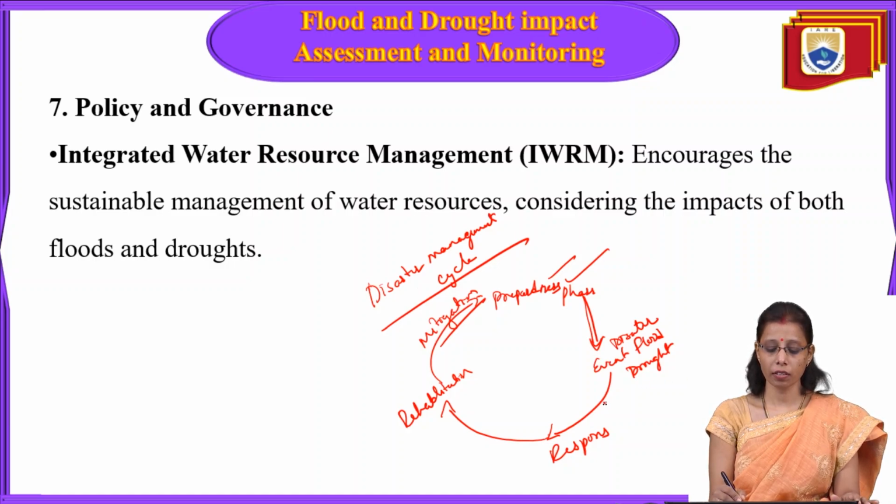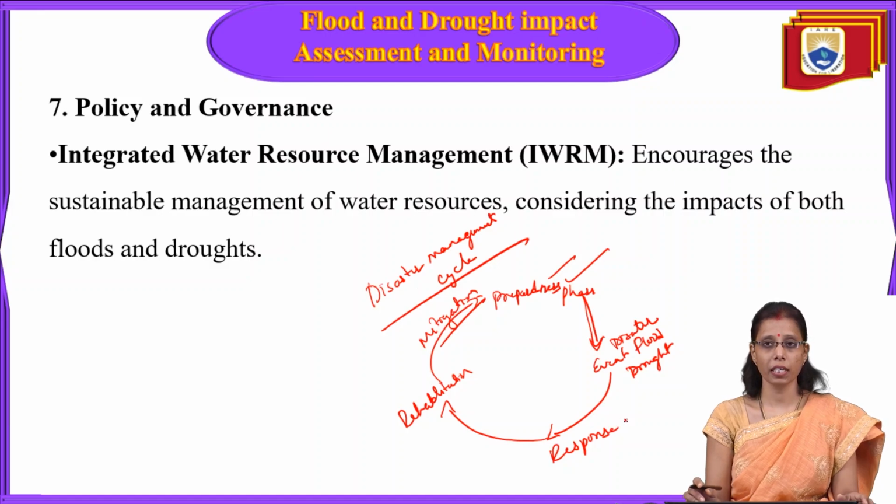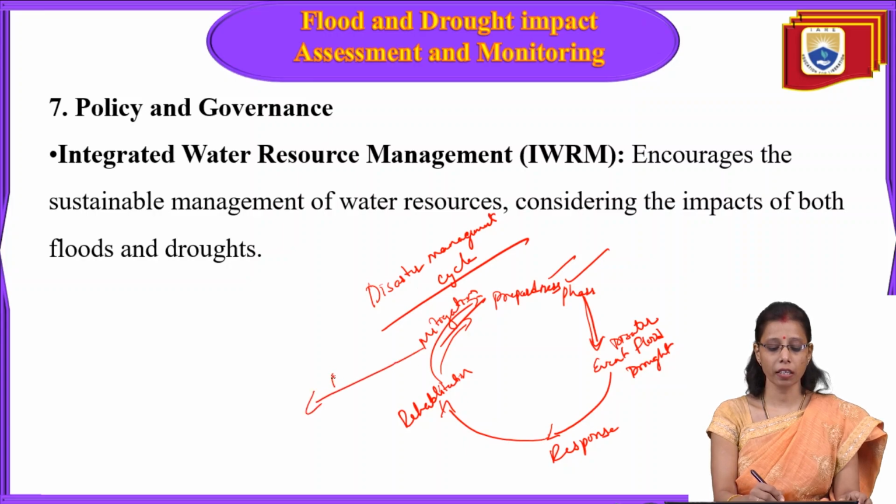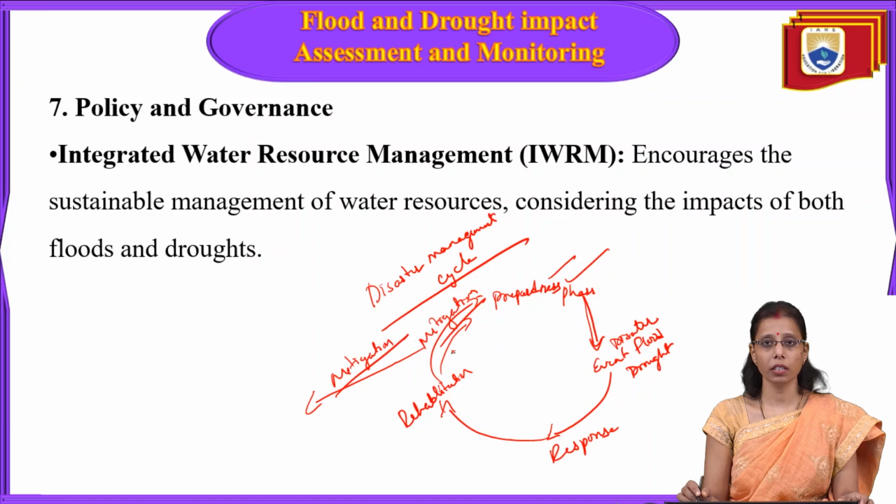Immediately after this, the response will be there. We can give immediate response to such people or areas, and later the rehabilitation phase follows. After rehabilitation, mitigation is taken care of. Mitigation here means finding other ways to reduce the losses in such regions, which will again be helpful in flood or drought conditions.